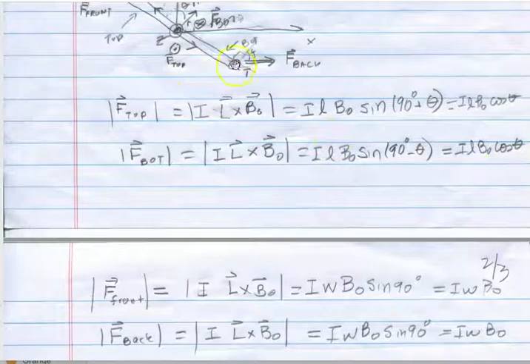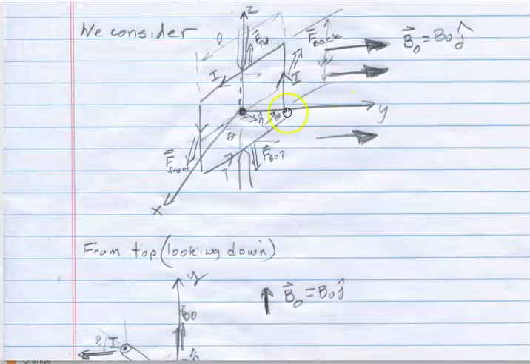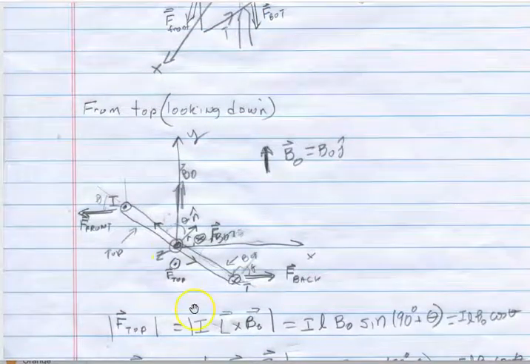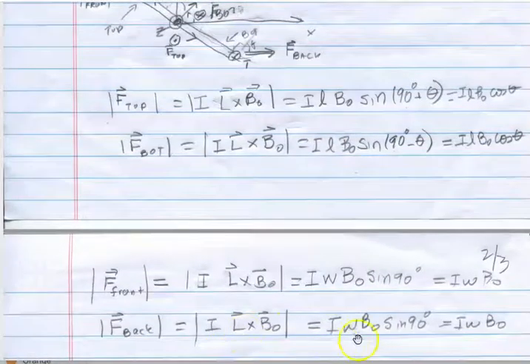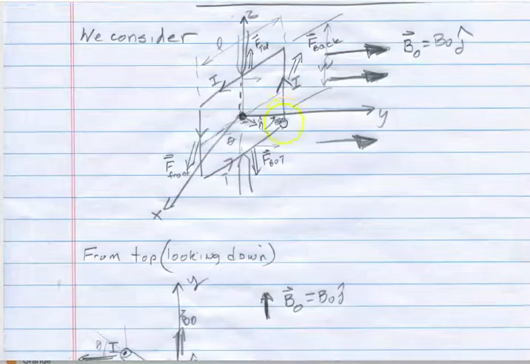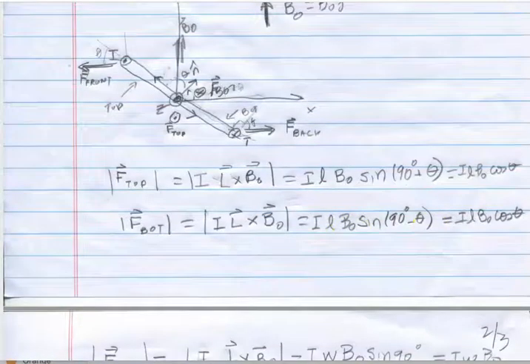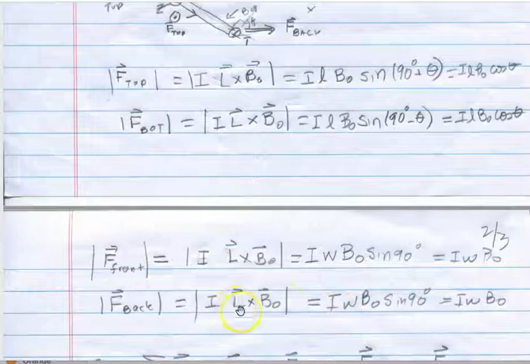Same thing for the backside. So we're looking at the wire, the segment here. That's the back of it. The length of wire on the backside is just W. So here, that's W. And so it's I W B, where W is the magnitude of L vector.